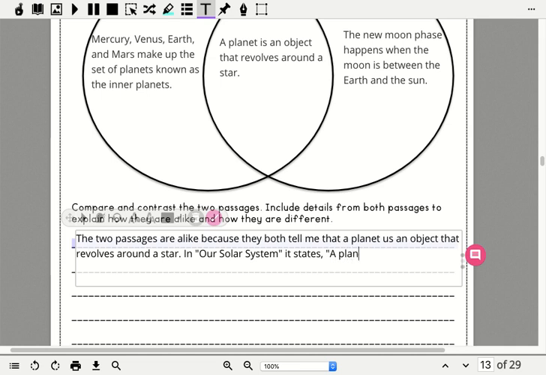Says a planet, and this is in the first paragraph, okay? A planet is an object that revolves around a star in a set path. So now I'm going to my second passage, phases of the moon.